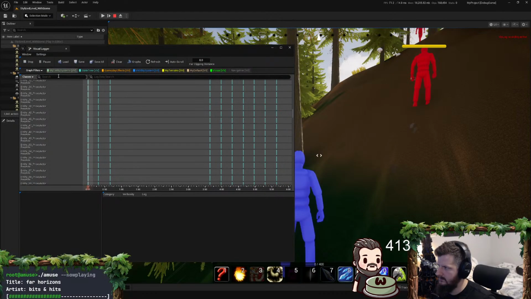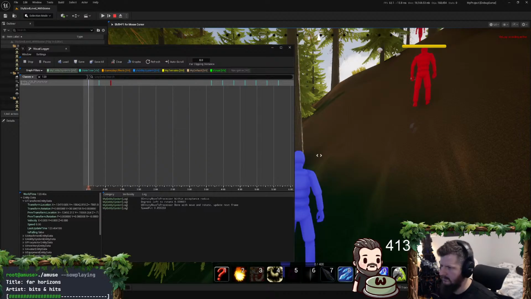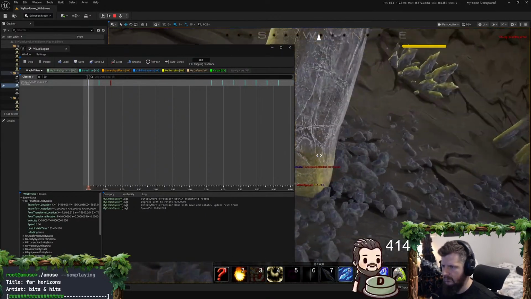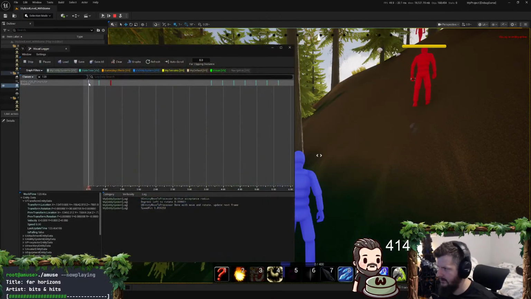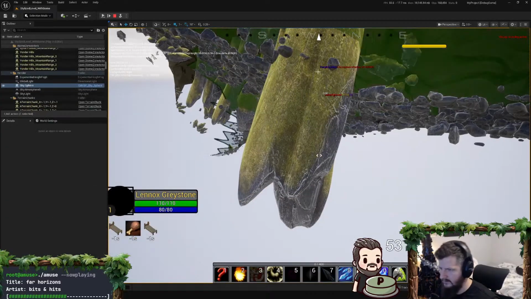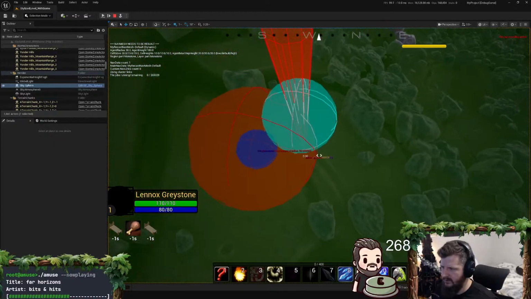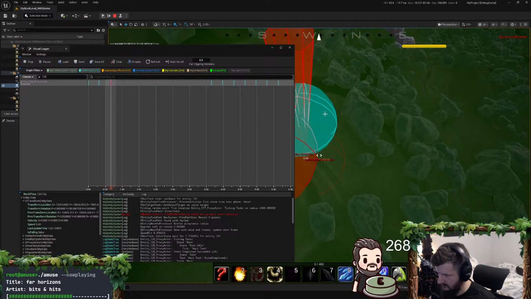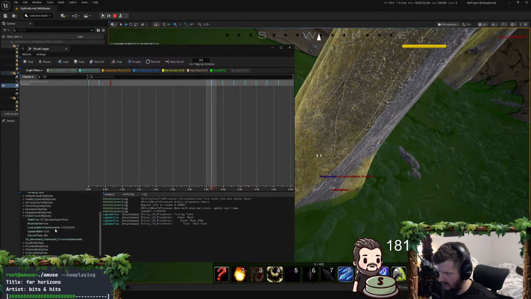Yeah, you are literally inside of that. There should be no navigation in there. No project start location, yeah, I'd imagine. What state are you in? You're just idling now. I mean, that's fine.